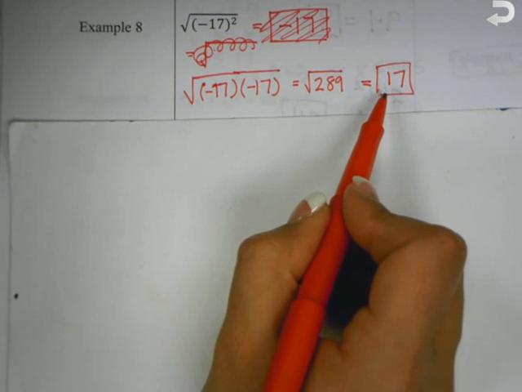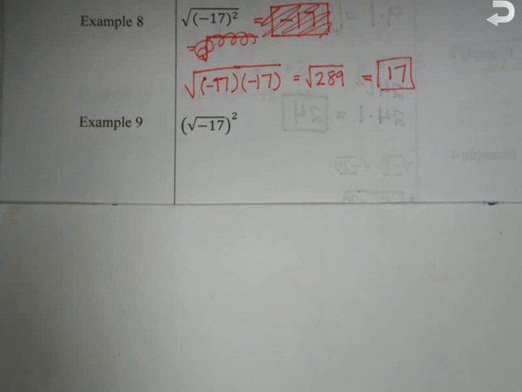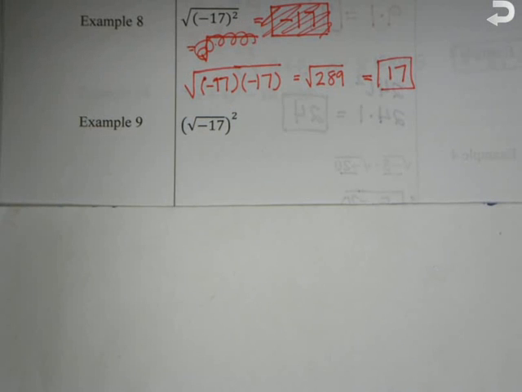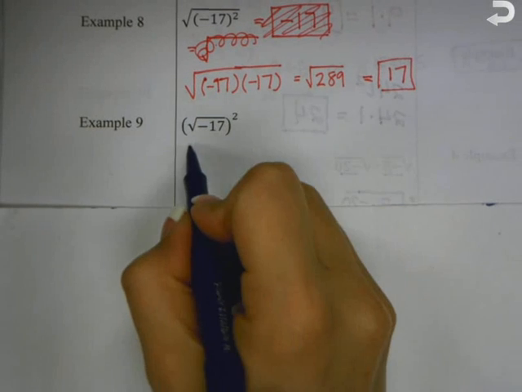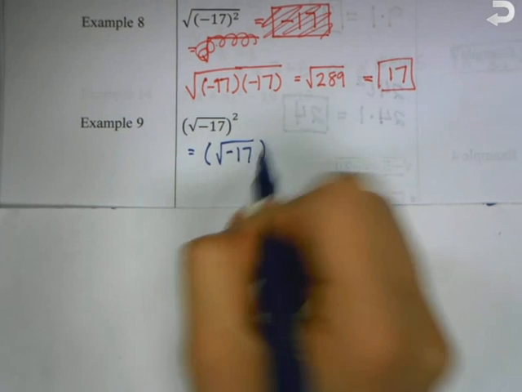Okay. 8 and 9 are the same? They are not the same. This next one is a little bit different. So what is different about these two? The parentheses is on the outside, or the square is on the outside now, right? Yeah. So when we expand this, what does that give me? Square root of negative 17 times square root of negative 17.